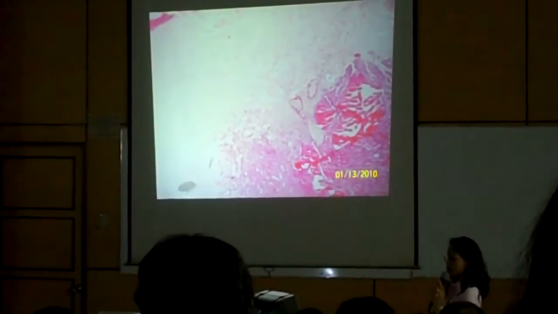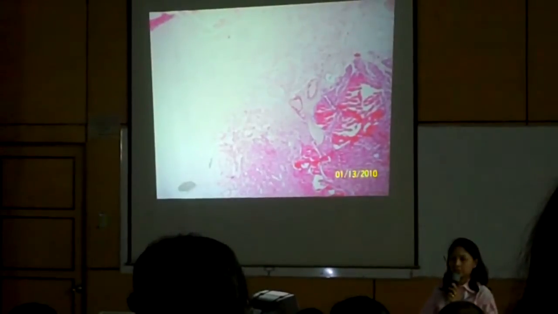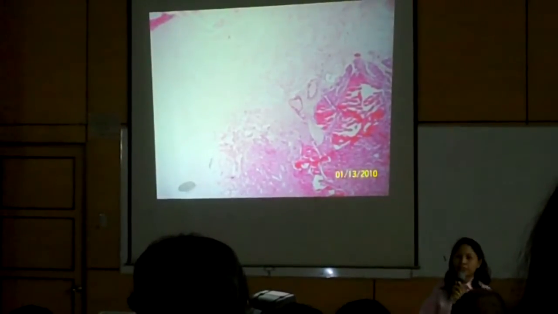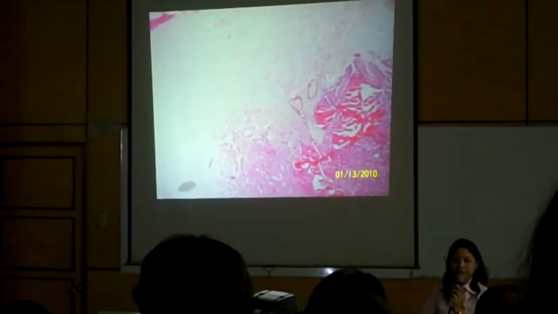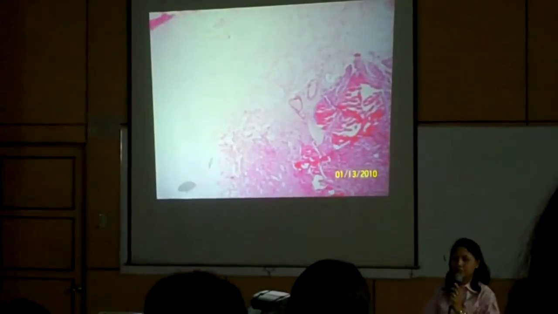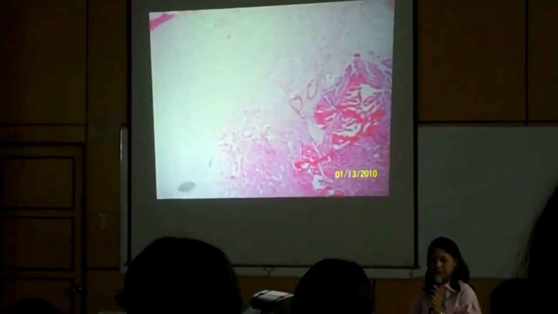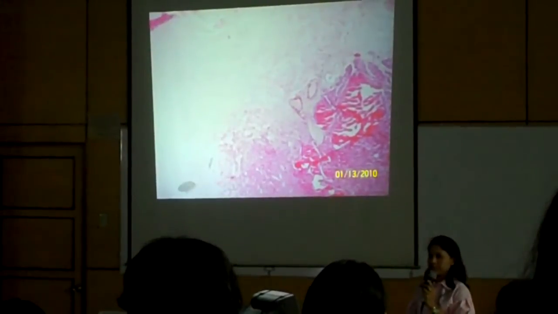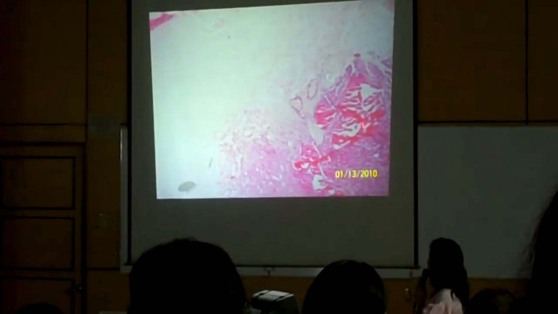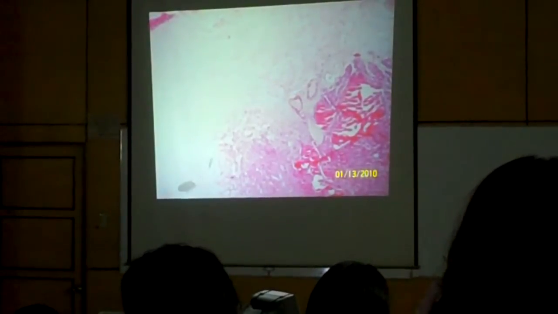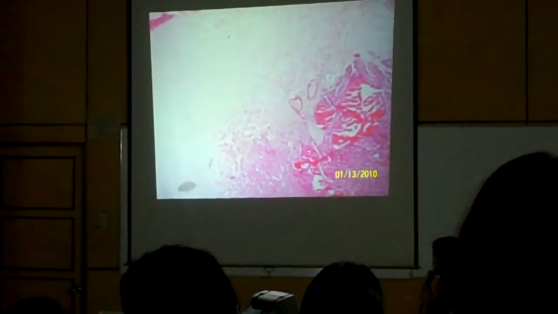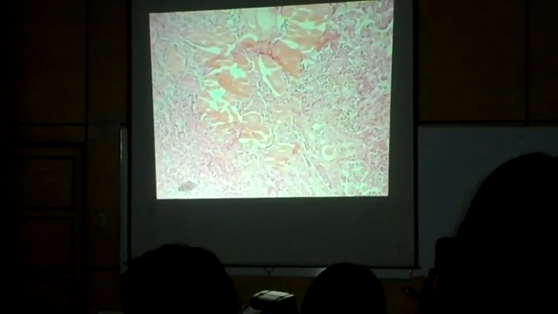What is the name of this cyst or the spaces? Actually, they are not cysts, cystic-like. They are spaces left by the developmental Rathke's pouch. Okay, so this is the remnant of the Rathke's pouch.